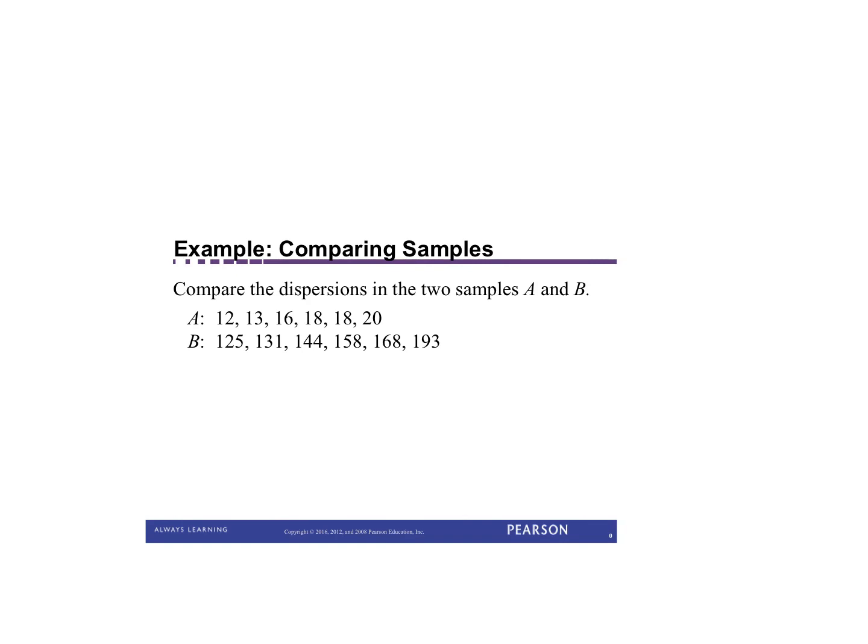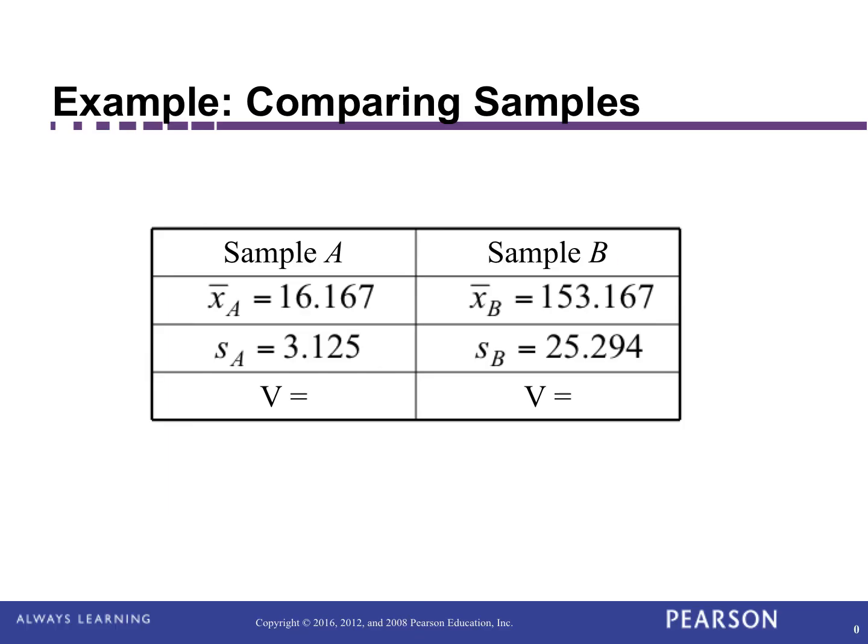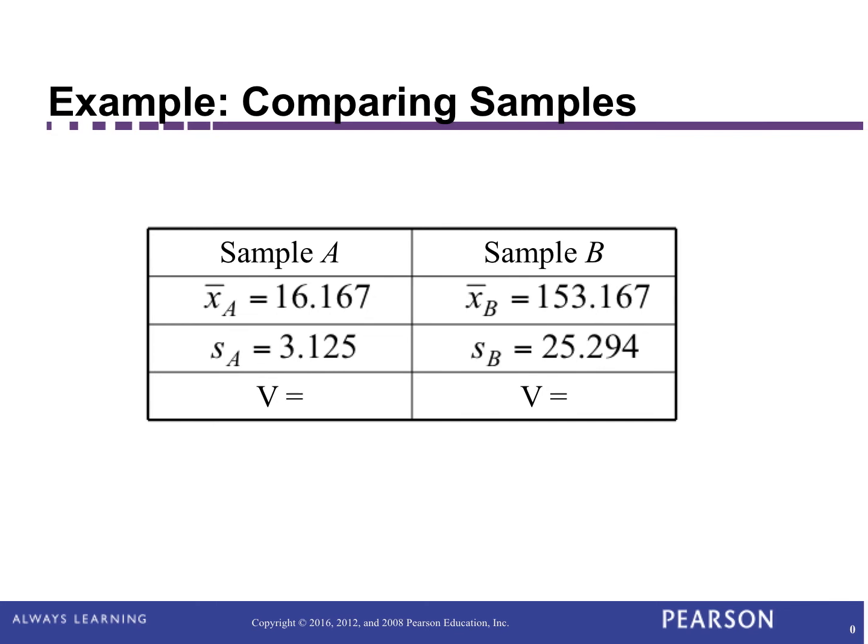Compare the dispersions in the two samples, A and B. So based on those data sets, we're calculating for set A. Here's the mean. Here's the standard deviation.